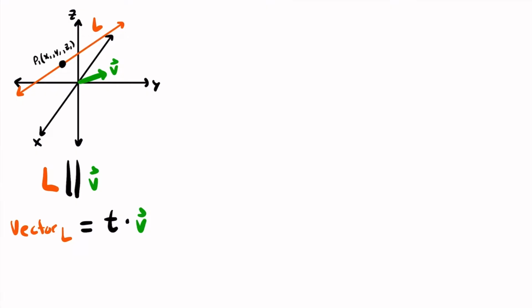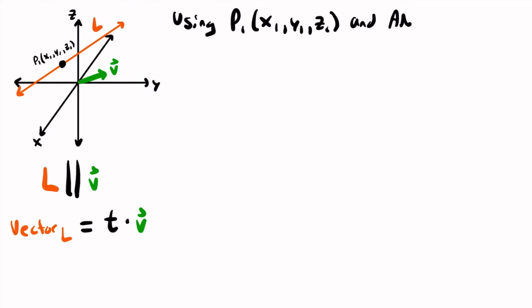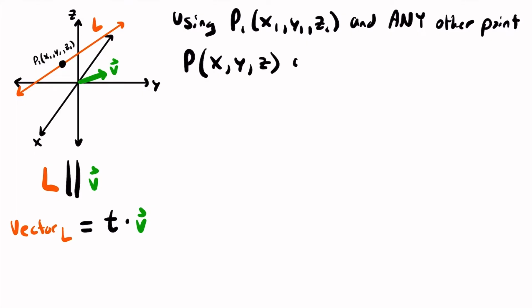Using that specified point P1, which has coordinates x1, y1, and z1, and any other point on that line, which I'm going to represent with just a generic point P with coordinates x, y, and z, we could create a vector between those 2 points that would be along this line. We would choose P1 to be our initial point, and then that point P to be our terminal point, which would be some other point along this line.